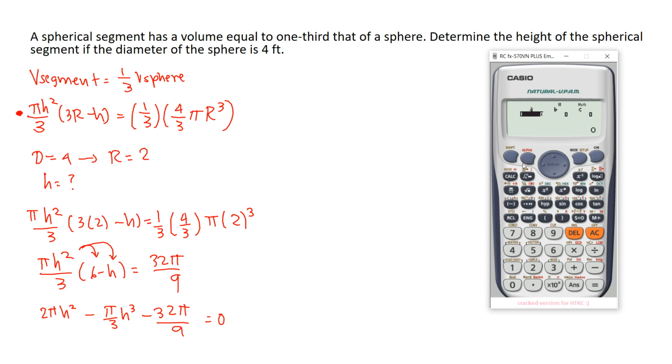Ang a ni mo katong naka-cube is negative pi divided by 3. Ang imuhang square is 2 pi. Kay h, wala, 0 ni. Tapos ang constant term ni mo is 32 pi over 9, right?